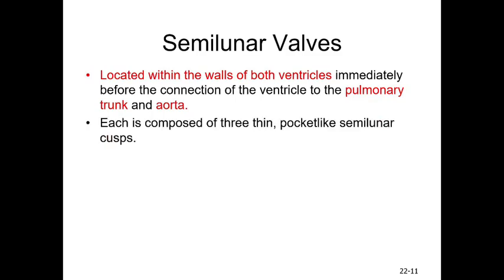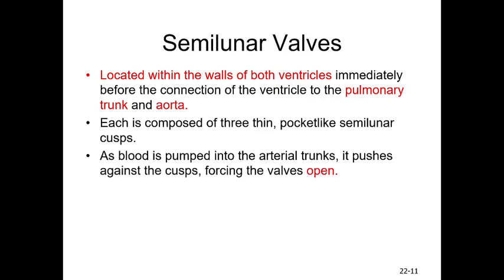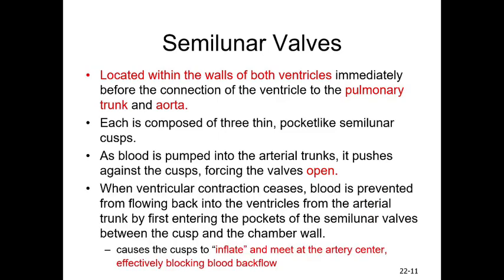As I mentioned, the pulmonary valve is referred to as a semilunar valve. And there are two of these in the body. We'll see the next one in a moment. But the pulmonary valve and the aortic semilunar valve, both of these valves are thin valves composed of sort of half moon shaped sections.